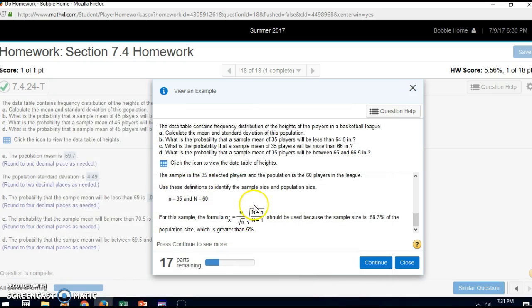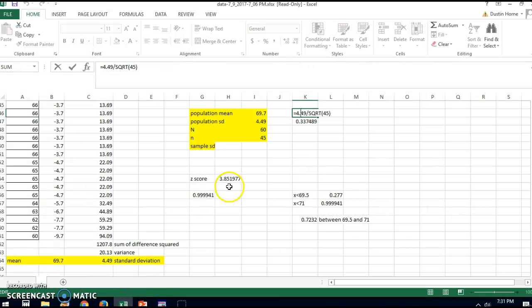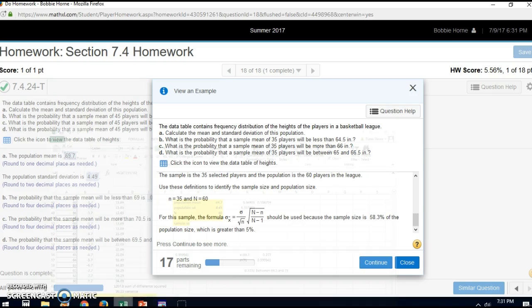That was your first part of your formula. So I broke it down into 2 steps. So that number is going to be 0.66933. Now I'm going to do the second part, which was the square root of N minus n divided by N minus 1. We know N is 60 minus 45 would be 15, and 60 minus 1 would be 59.